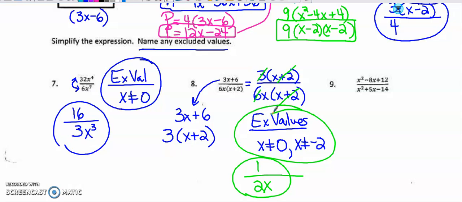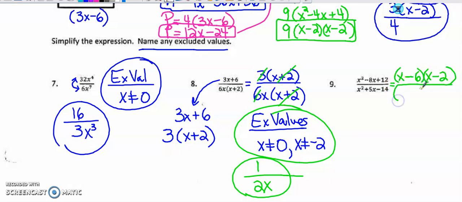The numerator says x squared minus 8x plus 12, so you have to factor the top. X and x. The middle term is negative, so these both have to be negative. The factors of 12 are 6 and 2.